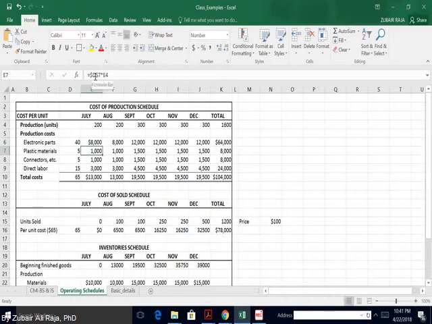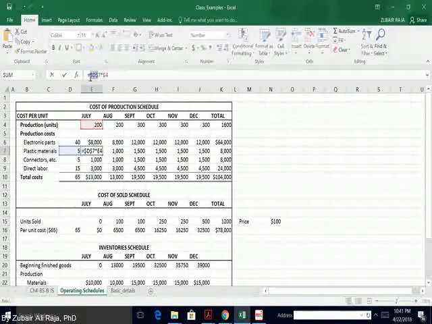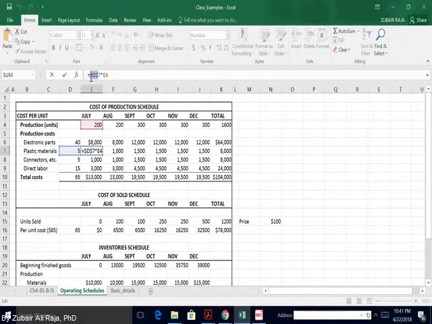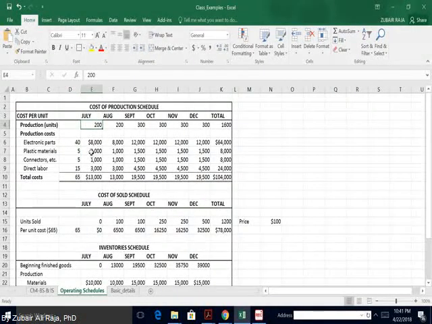Again, you see it's written D7 and E4, with some dollar signs. I will tell you very shortly what these dollar signs are doing. But the main thing here is D7, which is getting multiplied by E4.